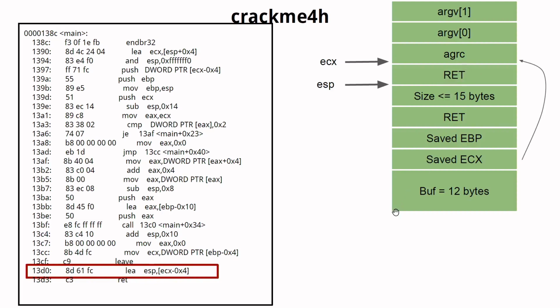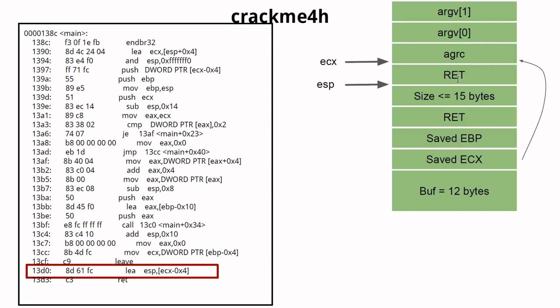However, if you overwrite from here to here, you need to overwrite everything in between. And the most important thing here is the saved ECX here. If you overwrite this saved ECX, it will point to some other address. And we actually use that saved ECX to find where the return address is.